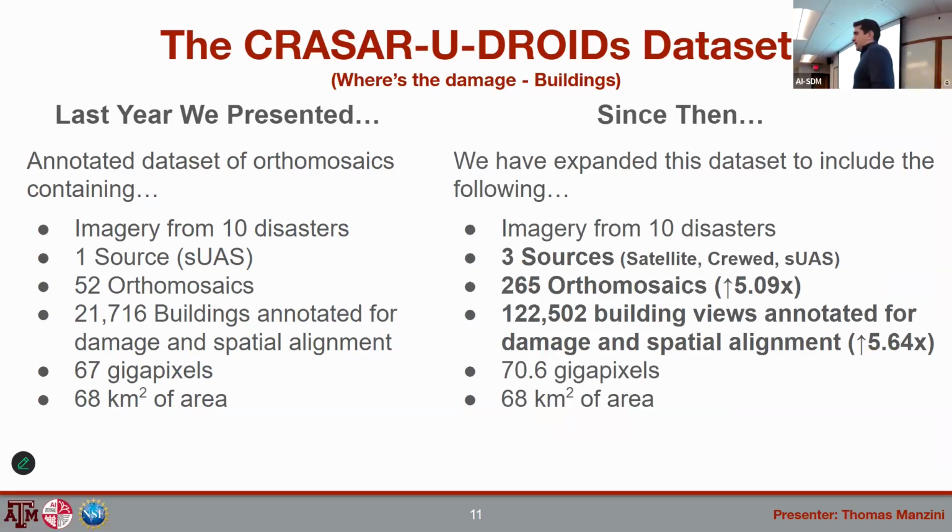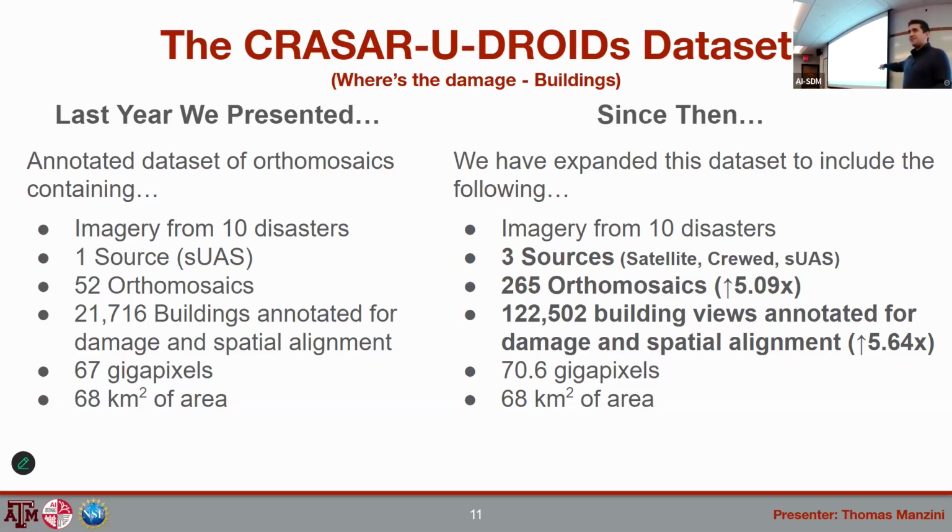Since we released the CRASAR UDroids dataset, we have also gone out and collected parallel satellite and crewed aircraft imagery for the same scenes. I'll just go through the stats. We've got 3 sources now: satellite, crewed, and the original drone imagery. 265 orthomosaics. We're up to 122,000 building polygons, so 122,000 labeled examples in the dataset.